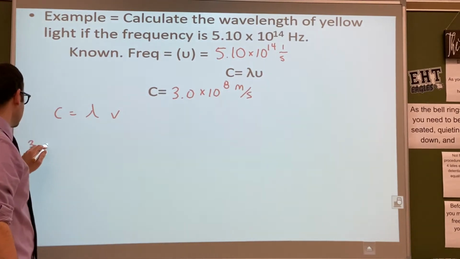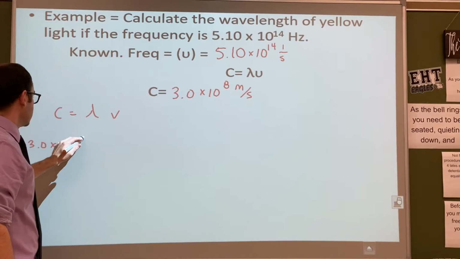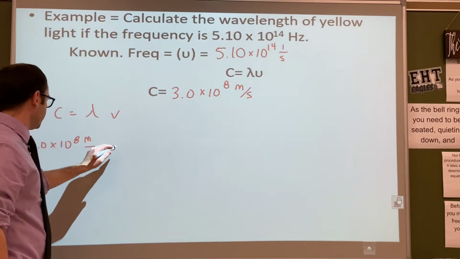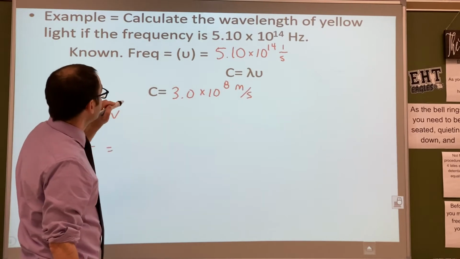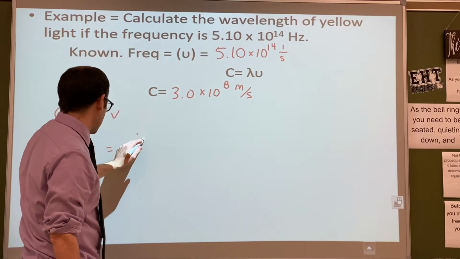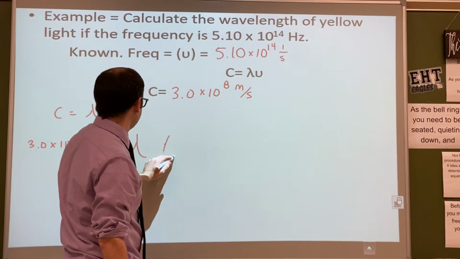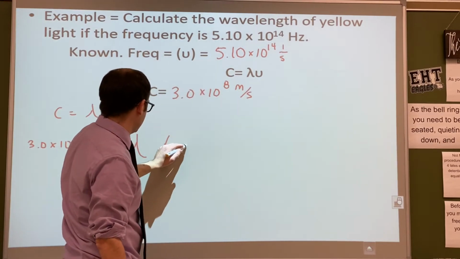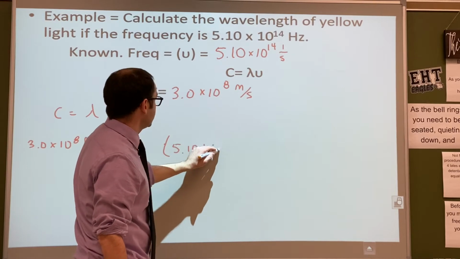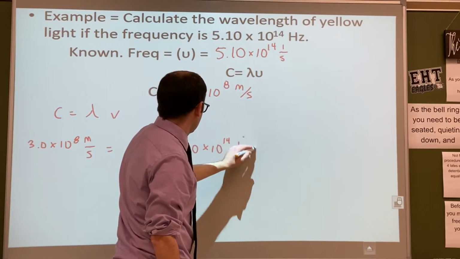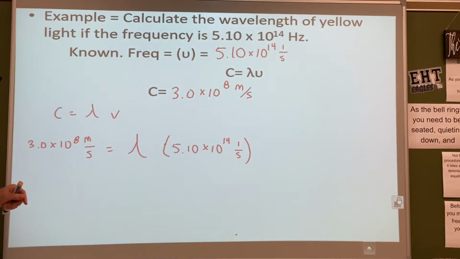So c is 3.0 times 10 to the 8th meters per second equals, we don't know the wavelength, we're looking for that, and then times 5.10 times 10 to the 14th. Right there.